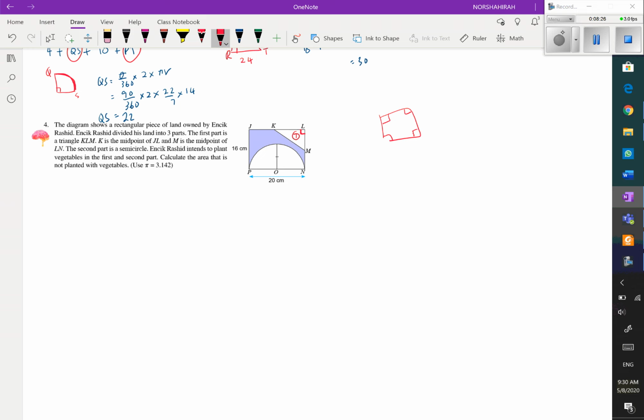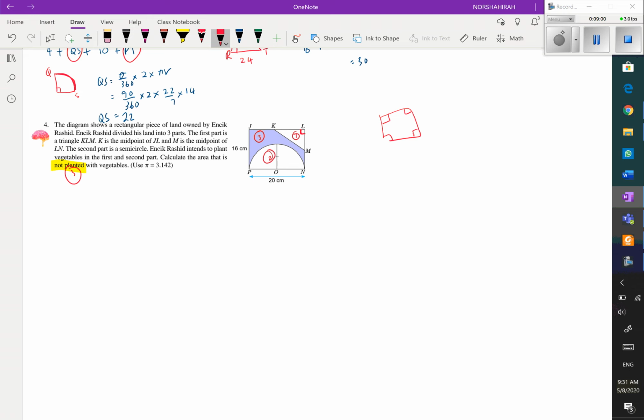The second part is the semicircle. So, ini second part dia. Obviously, this is the third part. Encik Rashid intends to plant vegetable in the first and second. Calculate the area that is not planted. So yang not planted adalah the third part, kawasan ketiga. Tapi kawasan ketiga kita ni bentuknya irregular, tak tetap. So nak tak nak cari area yang tak tetap, kita kenalah guna area yang dah ada, yang tetap bentuknya.